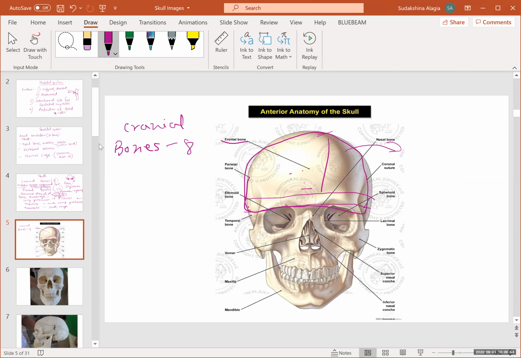So 8 cranial bones. One frontal, 2 parietal, which are visible, 2 temporal. Just looking at the location of these: frontal is what makes your forehead. Parietal makes the roof of your head, the roof of the cranium. Temporal are where your ears are.